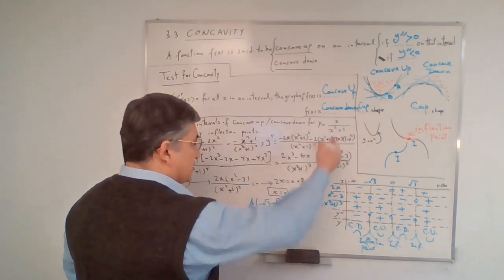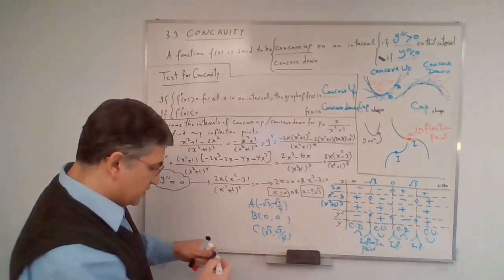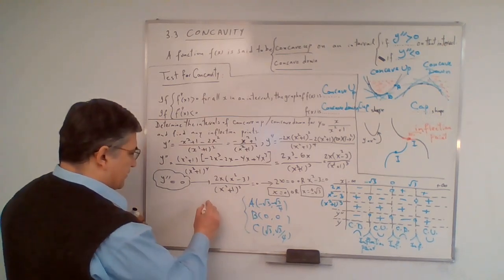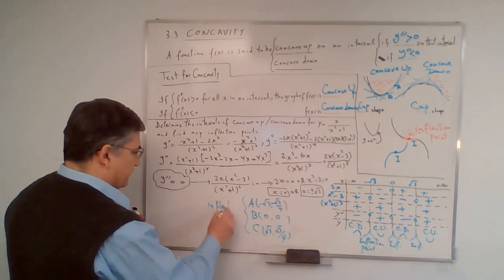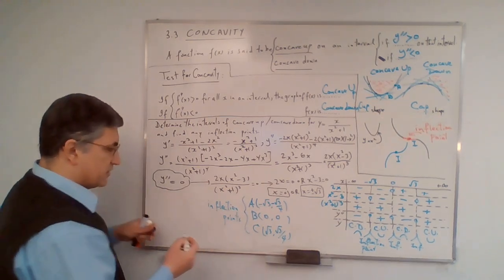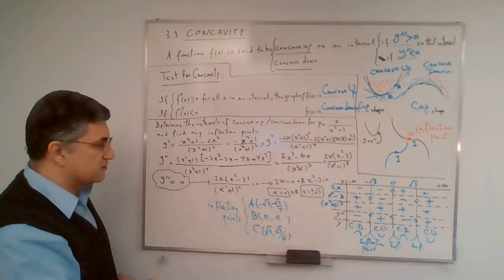And when you plug in positive root 3, you get positive root 3 over 4. And these are the inflection points of this rational function. This function has 3 inflection points, and these are the coordinates of those inflection points.